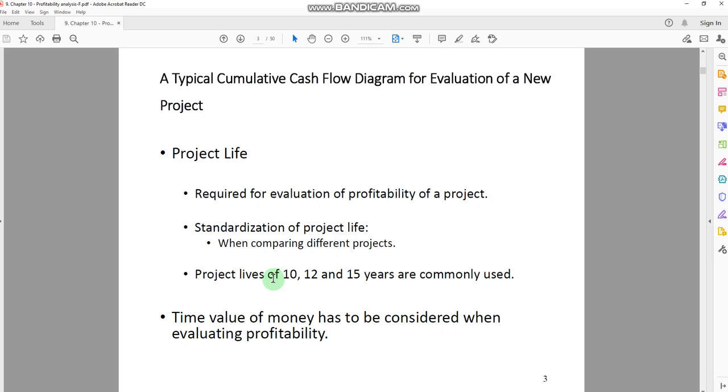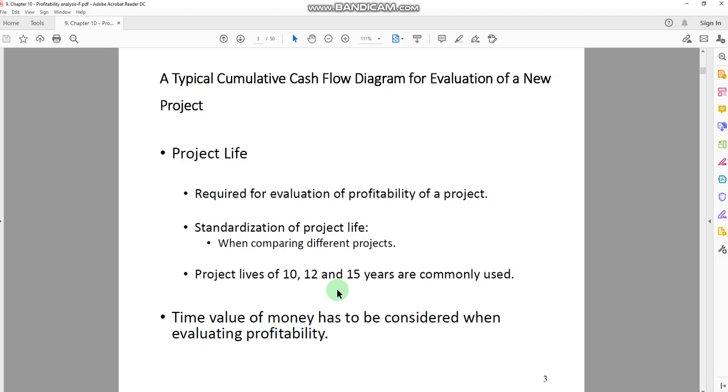Then, project lives of 10, 12, and 15 years are commonly used. Typically the lifetime of the project can be estimated between 10 to 15 years, and in real life the actual project life may go up to 30 years. After 10 to 15 years, there is huge maintenance that is required as a running cost of any process, so you have to include that.